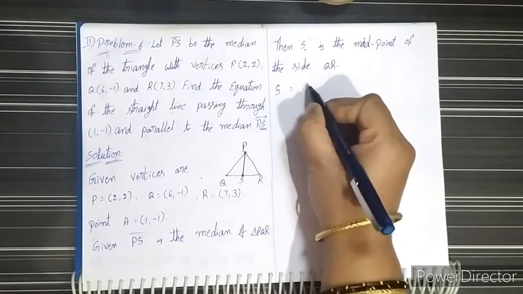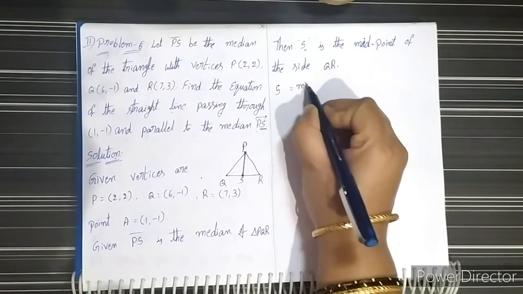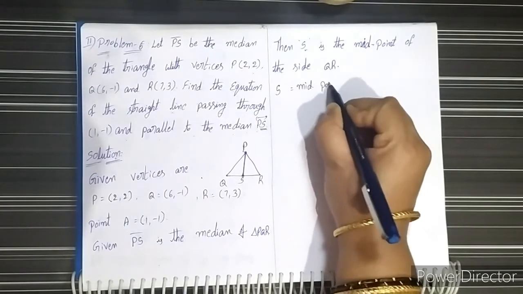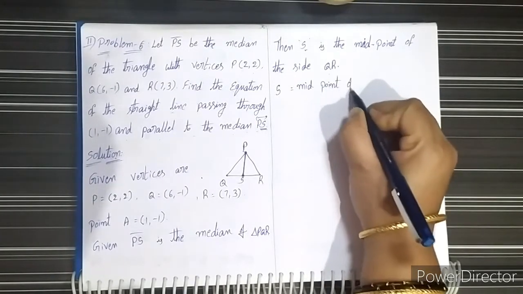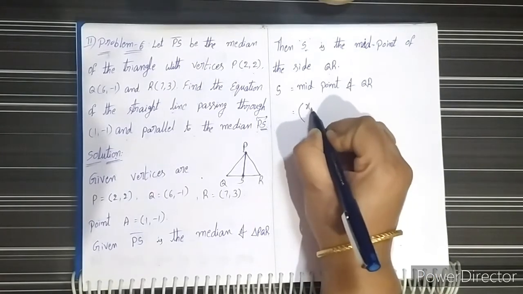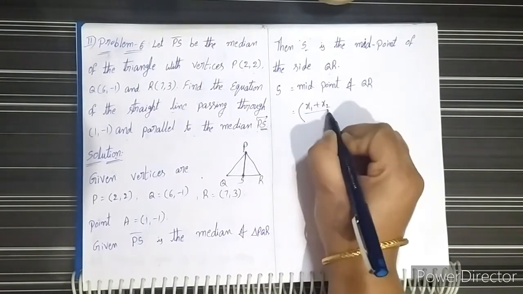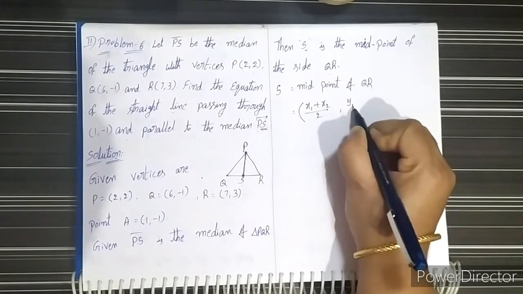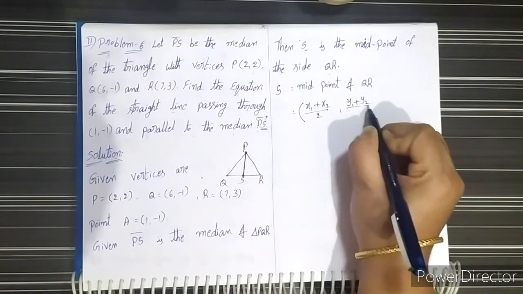Then S equals the midpoint of QR. The midpoint formula is ((x1 plus x2) by 2, (y1 plus y2) by 2).